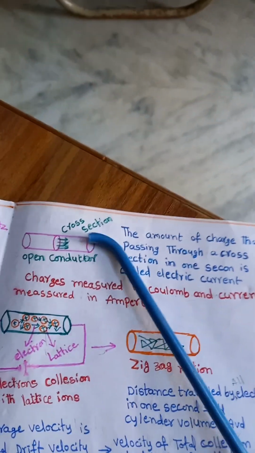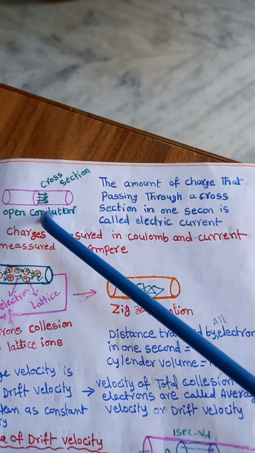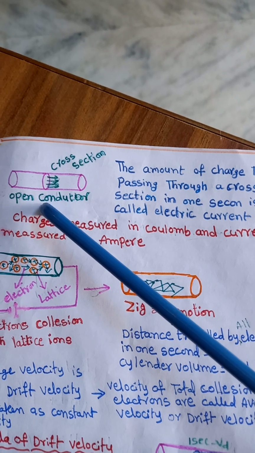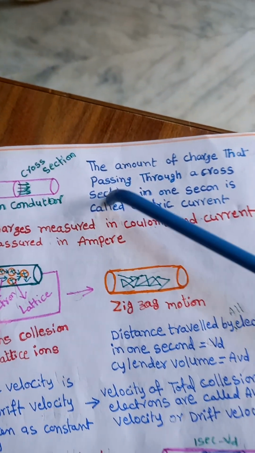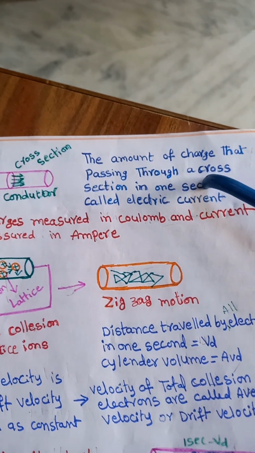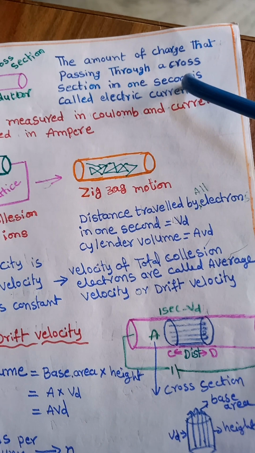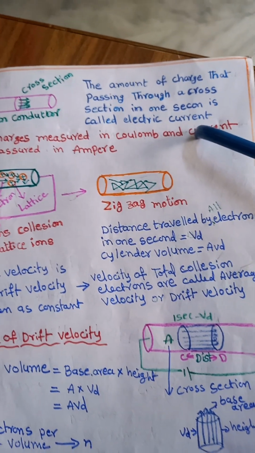Next, here also we can see the open conductor. An open conductor means the wire is not connected to the battery. Here, the amount of charge passing through a cross section in 1 second is called electric current.